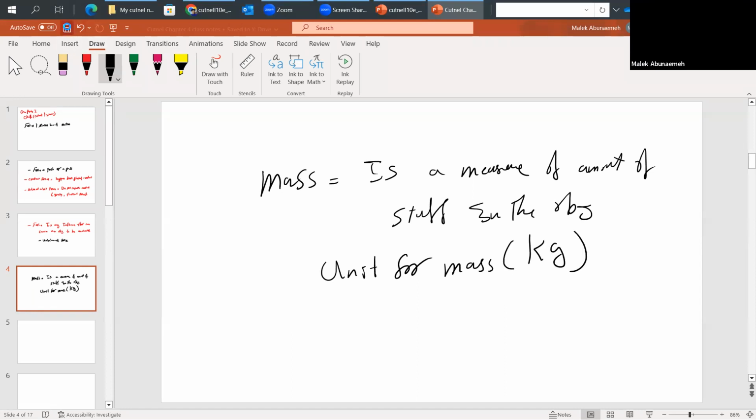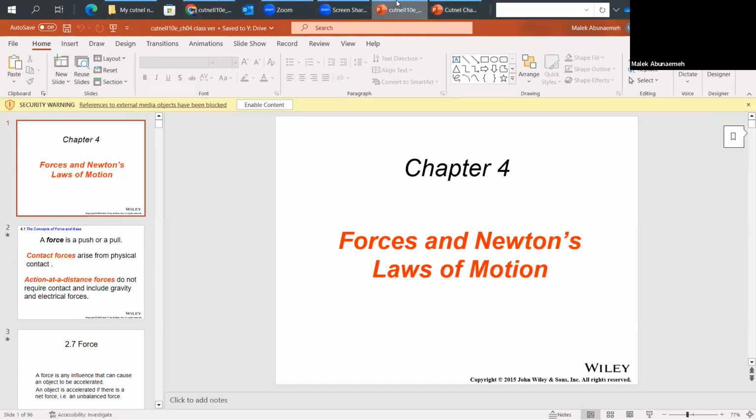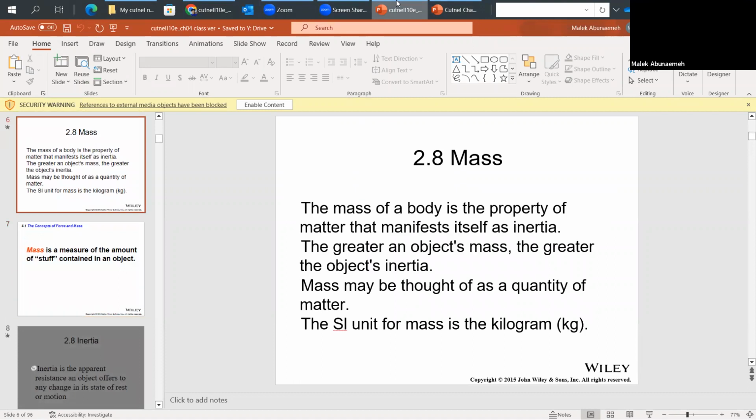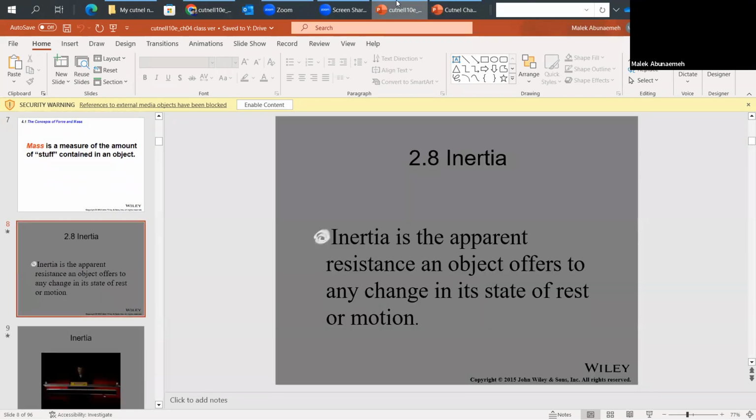That's your international unit for mass. Now, going back over here, we define the mass as the measure of the amount of stuff in it, and the mass of a body is a property of matter that manifests itself as inertia. So what is inertia? Inertia is the apparent resistance an object offers to any change in its state of rest or motion.